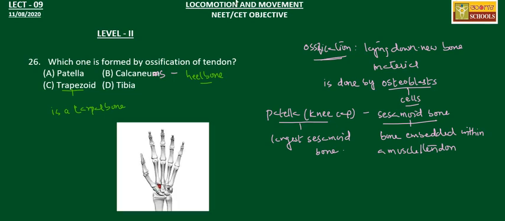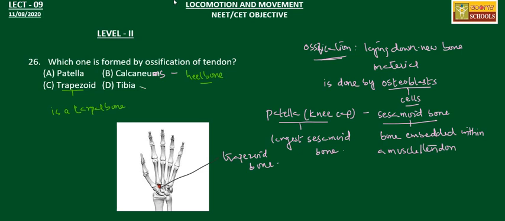In this red colored part, what you see is the trapezoid bone, which is a part of the carpal bones. Next, coming to the tibia.